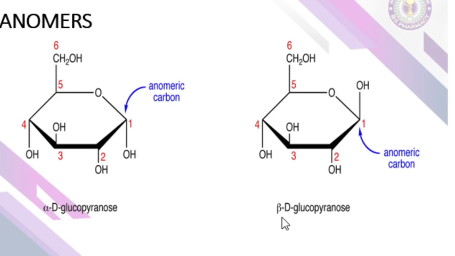So what is the basis? We are actually using the term trans, T-R-A-N-S, and here we are using the word cis. Your OH with respect to carbon number 6, as you can see here, are in opposite positions. The OH on carbon number 6 is up, and the OH on carbon number 1 is down.